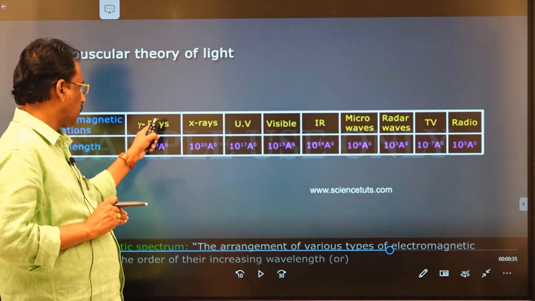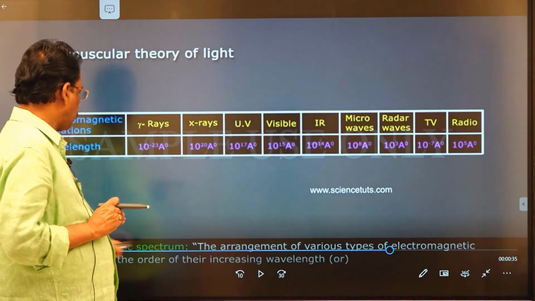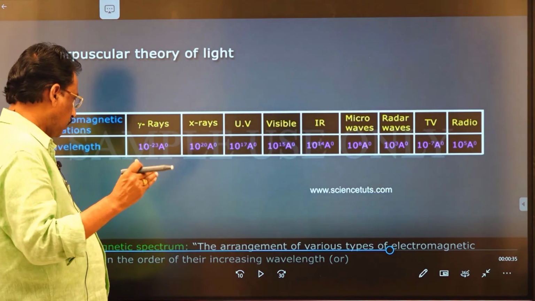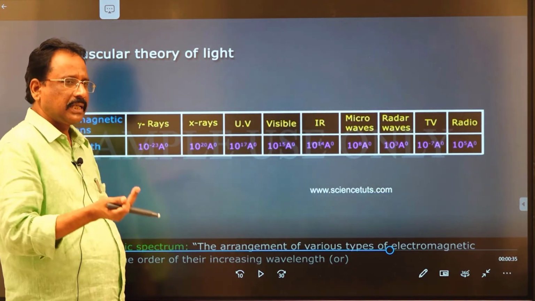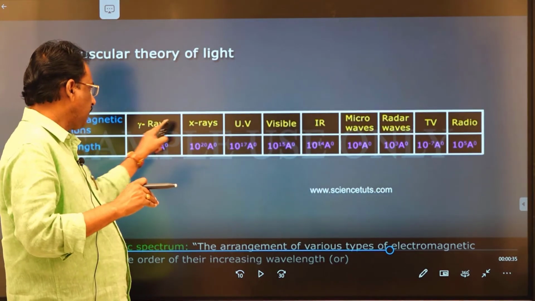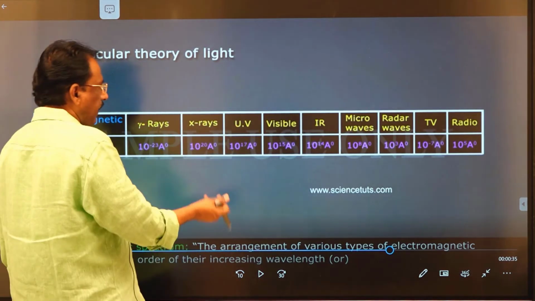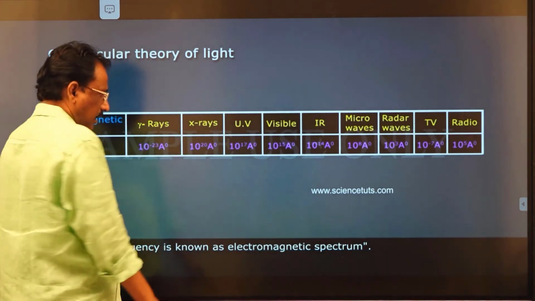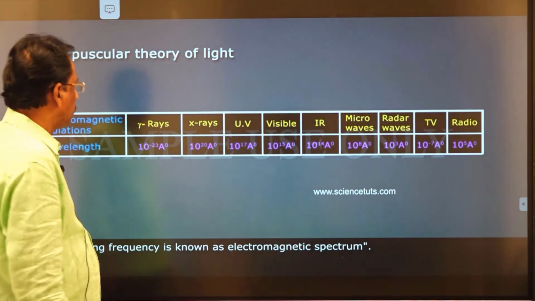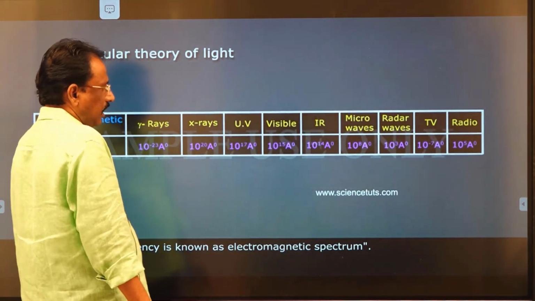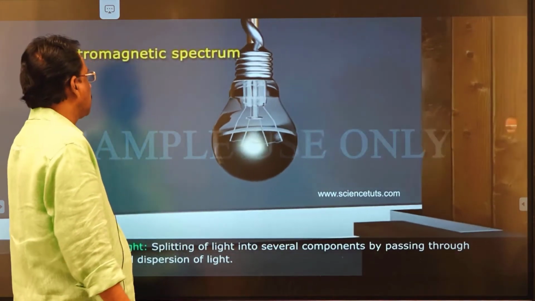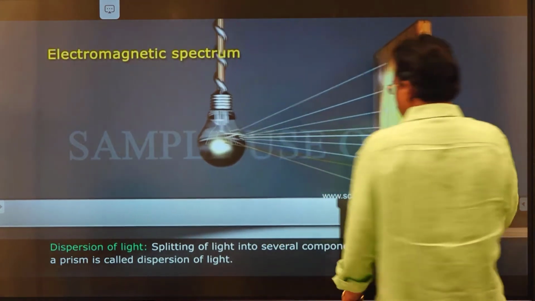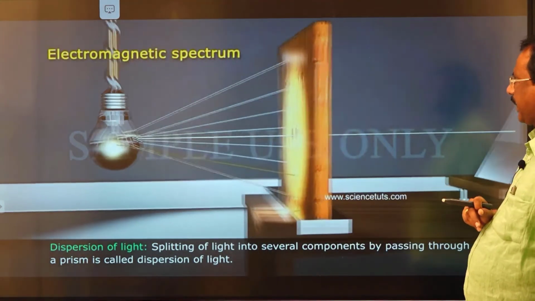So this is also nothing but the electromagnetic spectrum. Once again, the electromagnetic spectrum is defined as the arrangement of various types of electromagnetic radiations in either increasing order or decreasing order of their wavelengths or frequencies or energies. This is also one of the examples of electromagnetic spectrum.